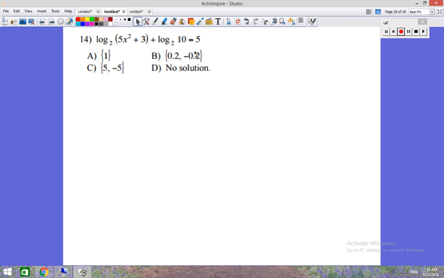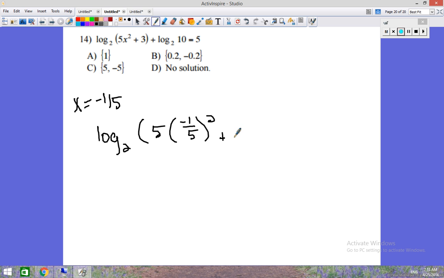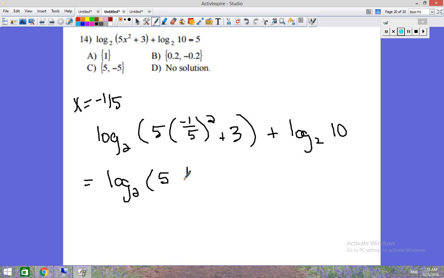Negative 1/5 and positive 1/5. So when x is negative 1/5, let's plug it into the left hand side. Let's do this arithmetic. Negative 1/5 times negative 1/5 is 1 over 25, because a negative 1 times a negative 1 is positive 1, and 5 times 5 is 25.